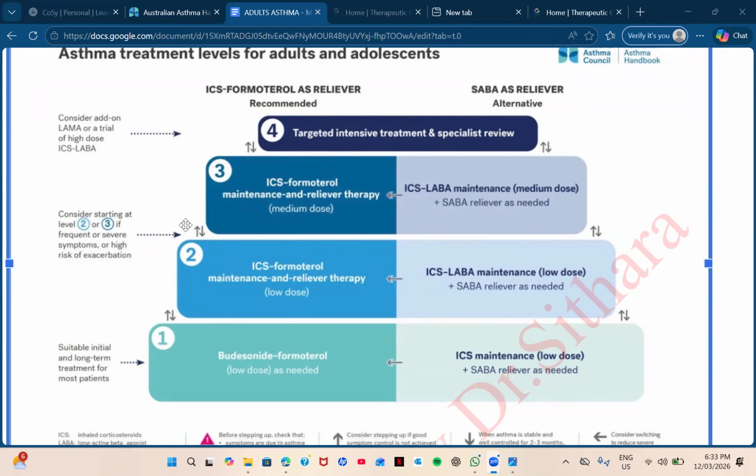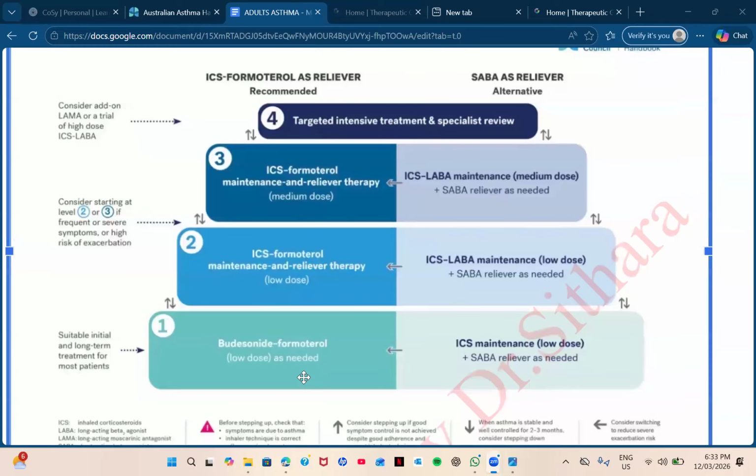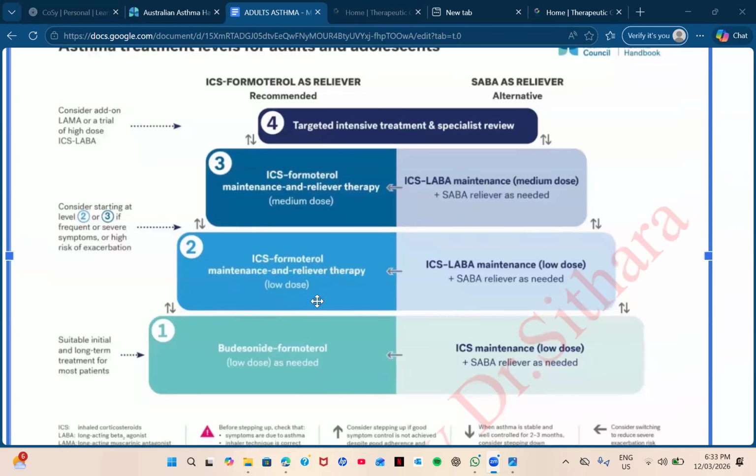When symptoms and risk of exacerbation increase, we have to step up to ICS formoterol maintenance and reliever therapy, here also low dose.